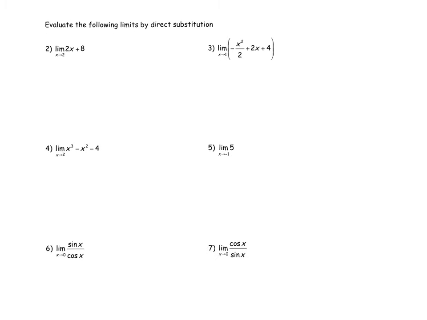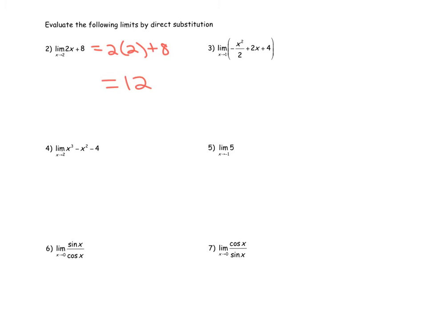In this situation, there's no way this could be undefined. Similarly here in this situation. So let's plug in. So we have the limit as x approaches 2 of 2x plus 8. Well, I'm just going to plug in 2 times 2 plus 8. So this limit is going to approach 12.